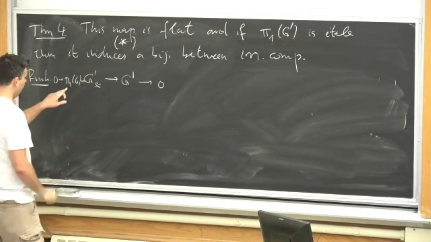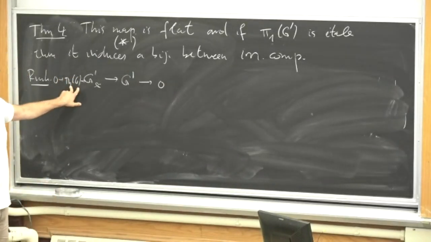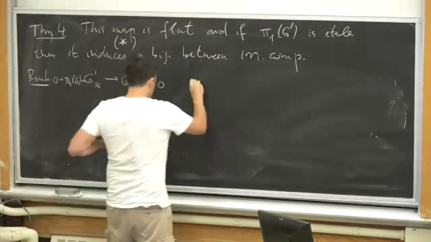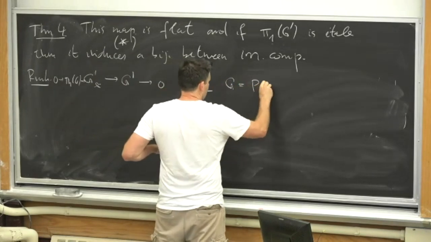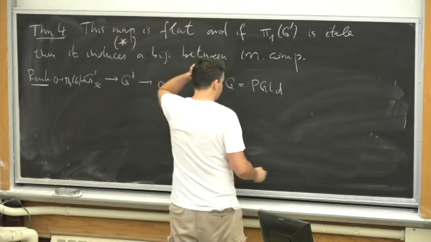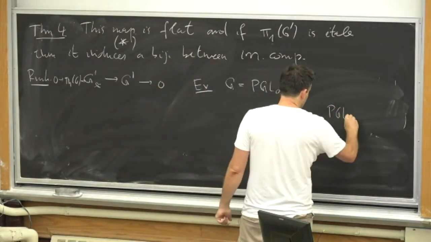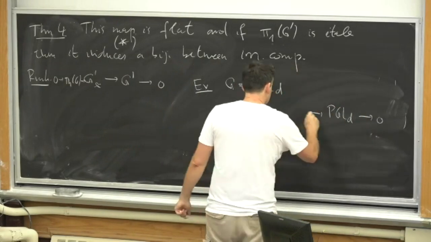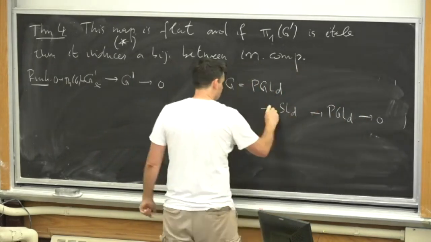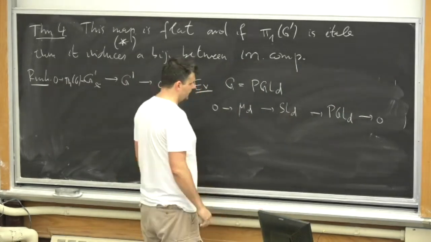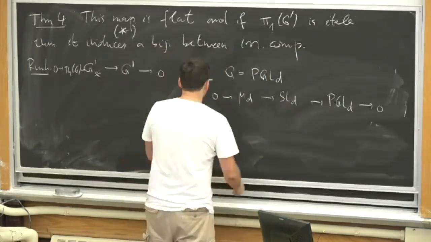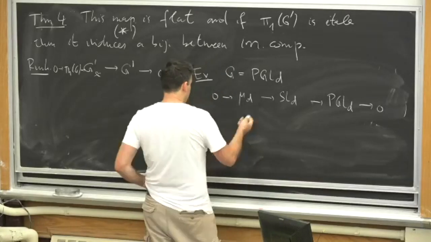This is the kernel of this, some finite diagonalizable subgroup. For example, if G is PGL_D, then this cover will be SL_D, and then you have mu_D.